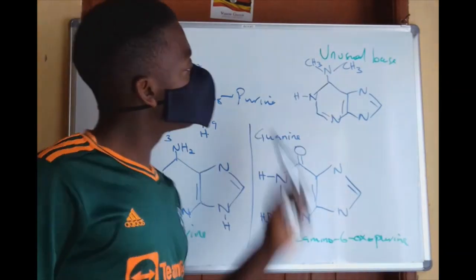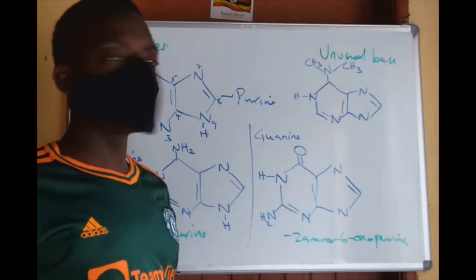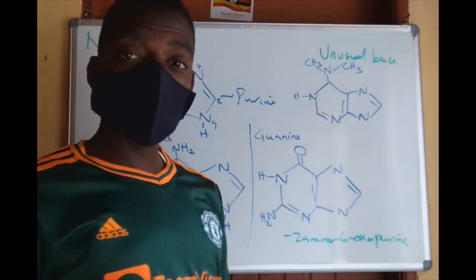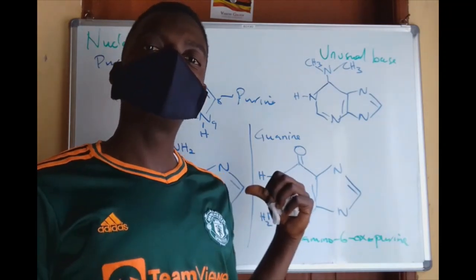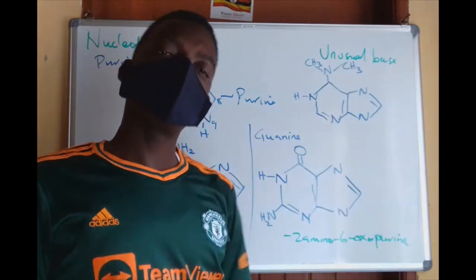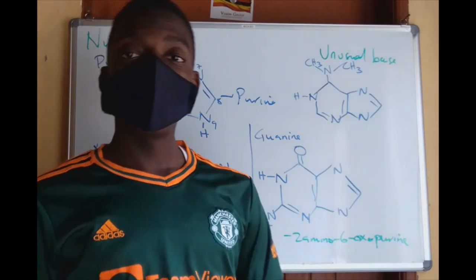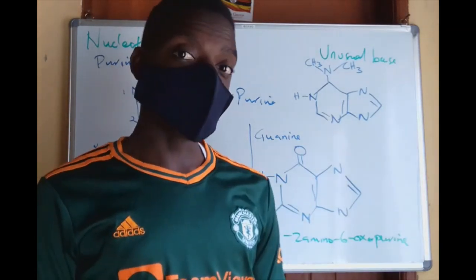So when you put two methyl groups on adenine, you form an unusual base, and that will prevent the base from degradation by certain enzymes, or allow it to be degraded by certain enzymes.